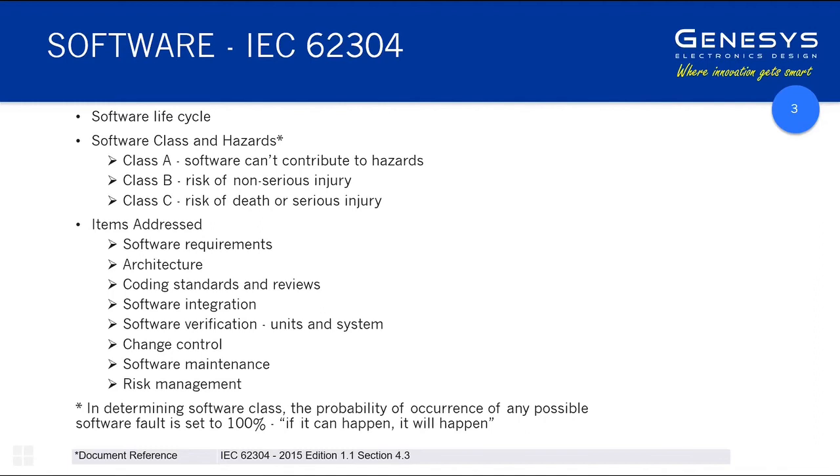But you really do need to look at what the software function is, and you can partition software into different classes for different functions within the device.